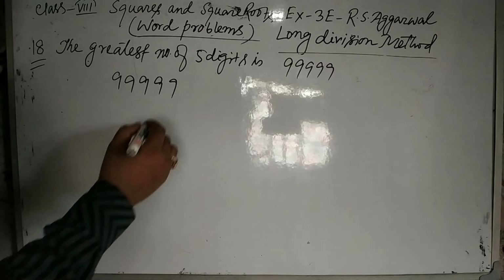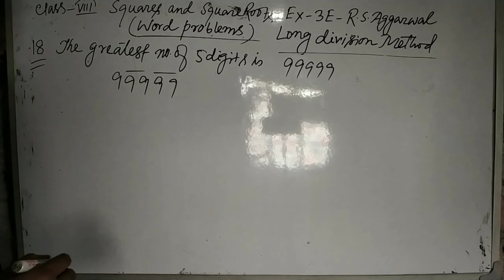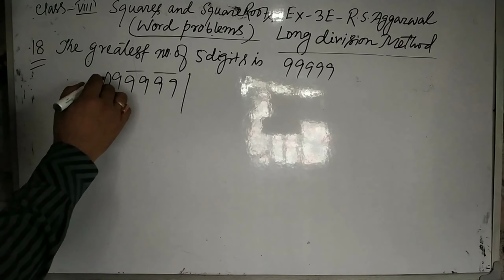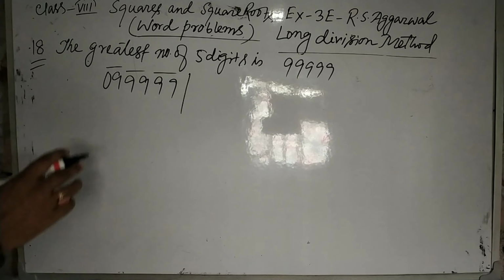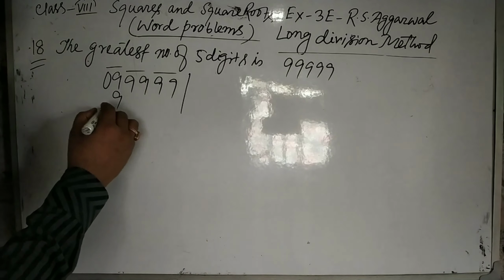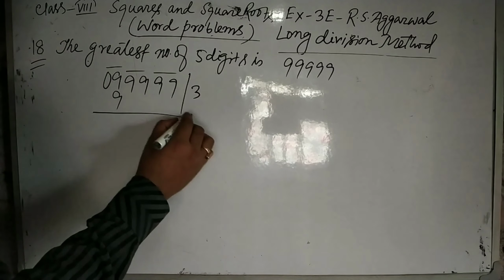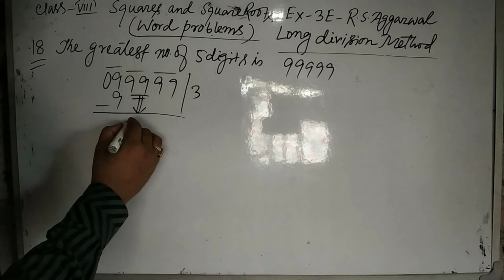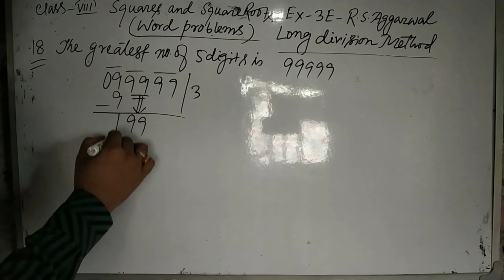99999. Make groups of 2 digits starting from the end. So 9 is single, put a 0 over here, so it is 09. The first number, 9, is a perfect square and its square root is 3. Subtract these two 9s, that is 0.